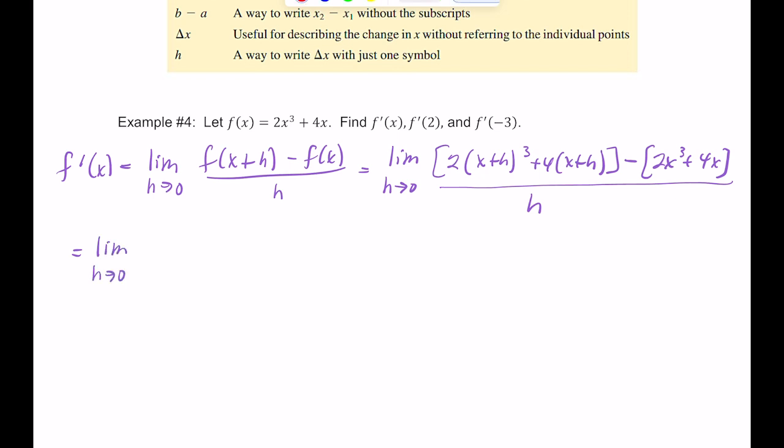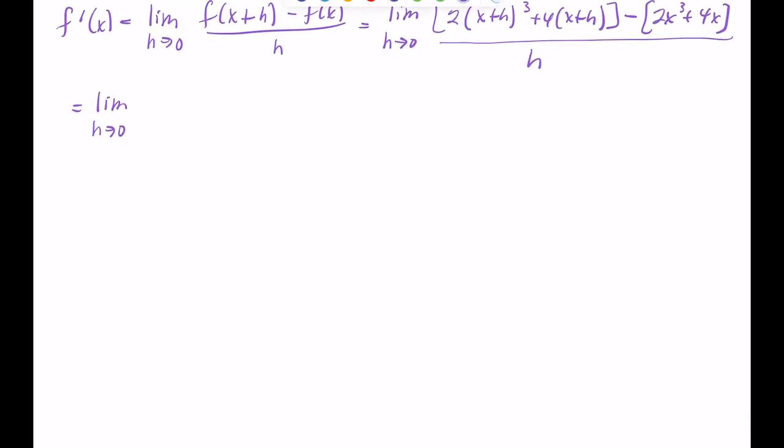Now I'm going to expand everything. So I'm going to have to expand x plus h cubed, right? So real quickly, x plus h cubed is just x plus h squared times x plus h.